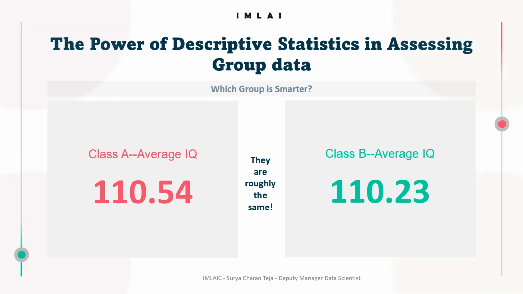So with this illustration, it's pretty clear that the descriptive statistics make analysis very simple, very easy. So that's the reason we will be exploring the descriptive statistics in detail.